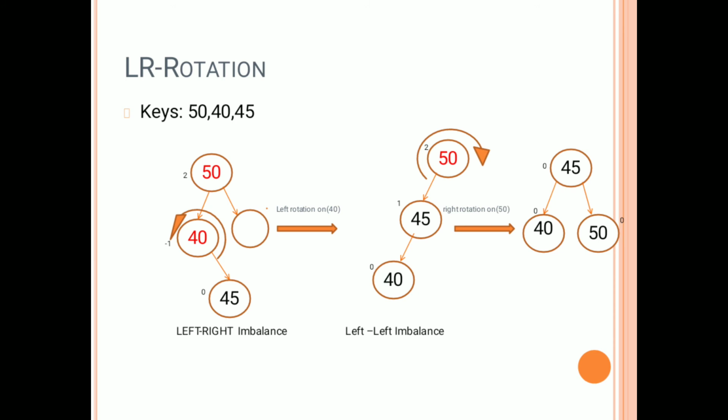Now the tree is left imbalanced, because it has all the weight on the left side. To make it balanced, we can rotate it right with respect to the position 50.